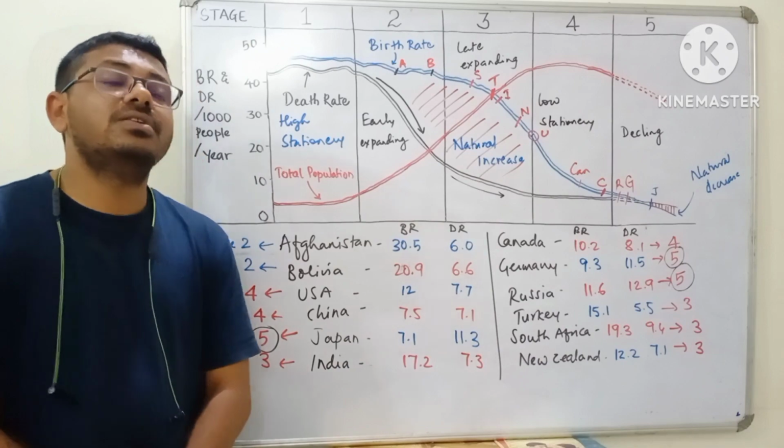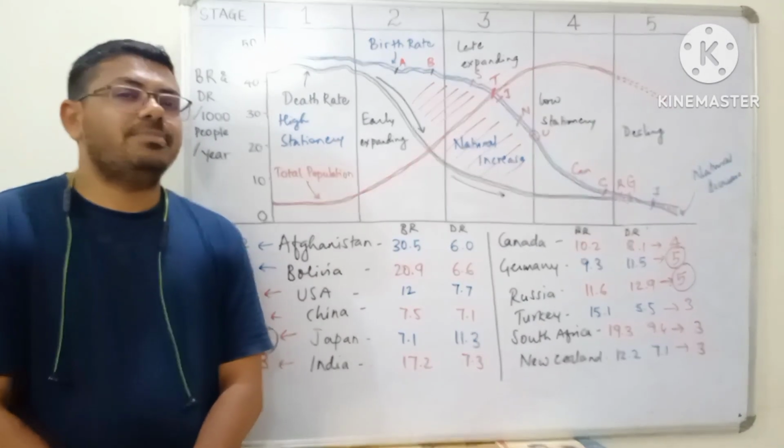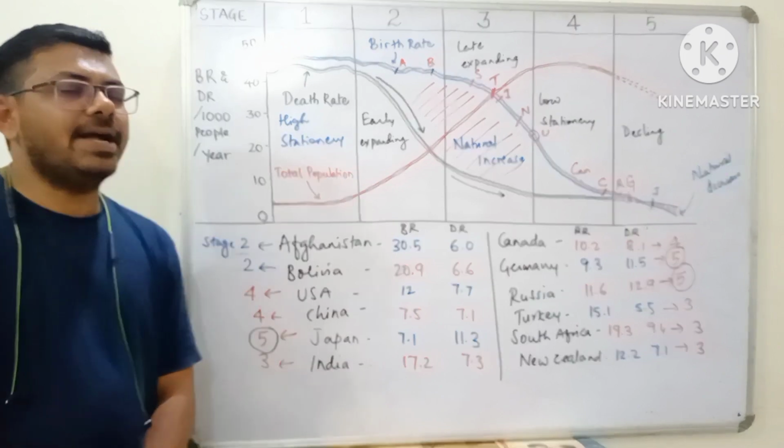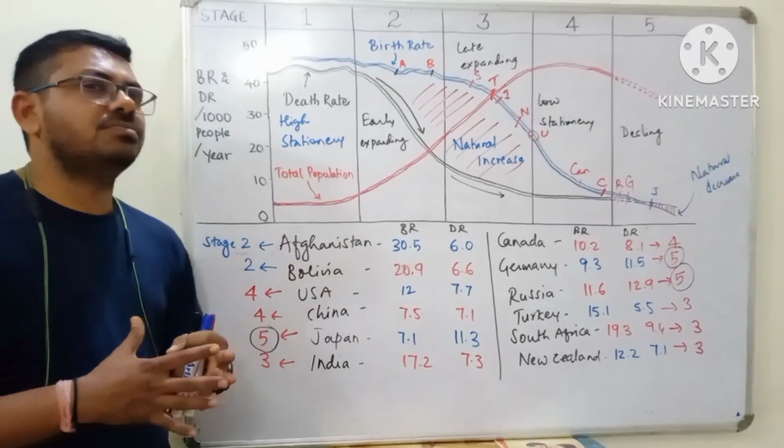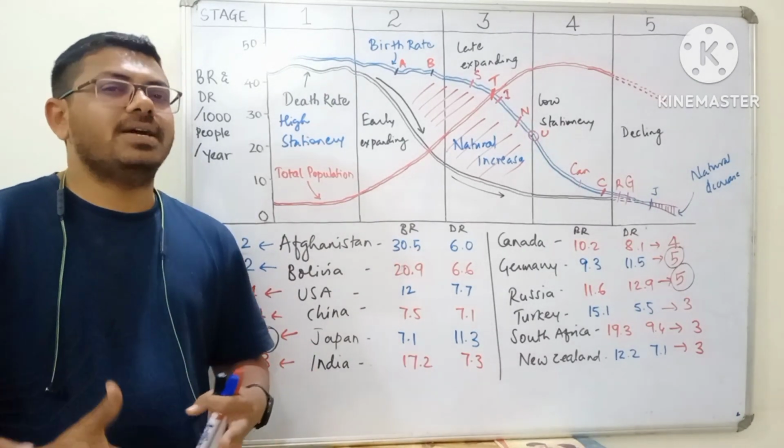So this is all about the demographic transition model. This is part of the population pyramid only, but very interesting. I like this portion. This is how it needs to be analyzed, right?